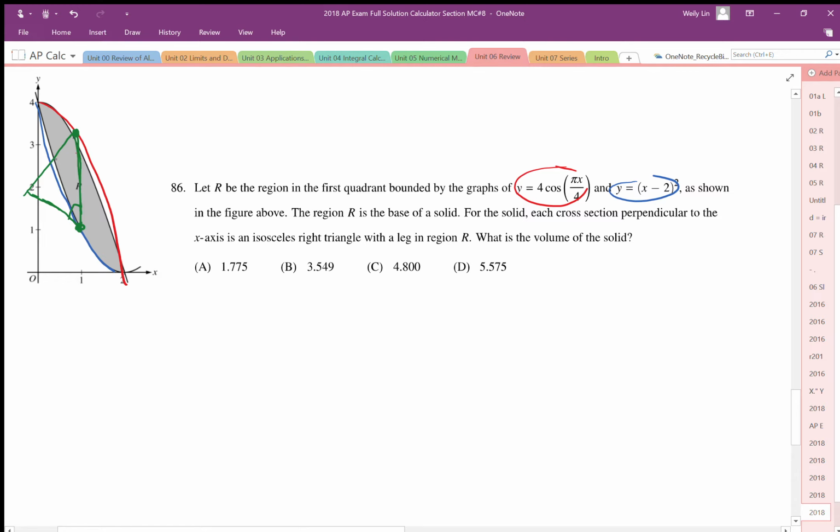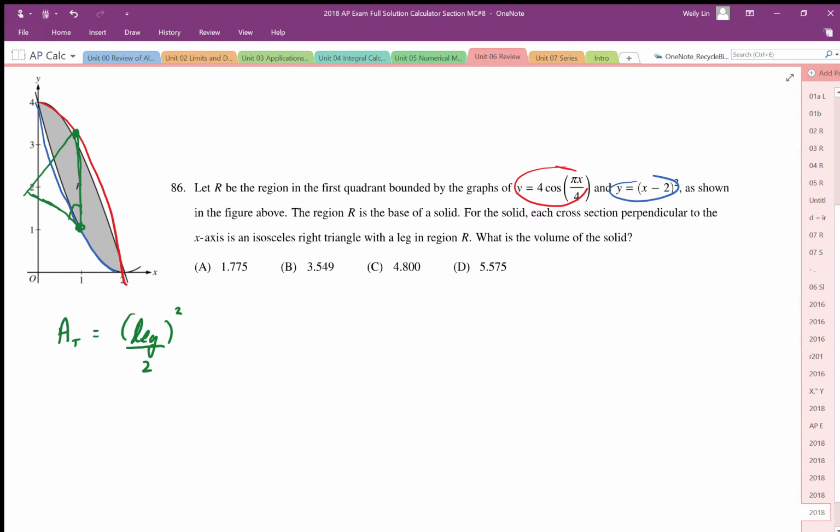Now, to find volume, it's always going to be area times thickness. So I need to find the area of that right angle triangle. The area of the right angle triangle is going to be the leg squared divided by 2. So we make the square and then divide by 2 to get the area of the triangle.